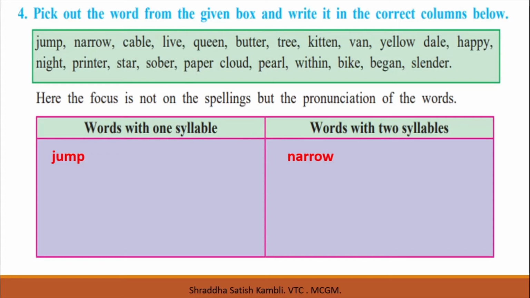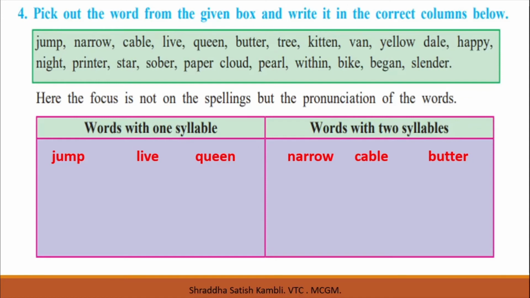So we have two syllables again in cable. And then you have live. Live goes in one syllable. Queen also goes into the one syllable column. Then you have butter. So you have a here. So butter goes under the two syllable column. Now the remaining is for you to do.